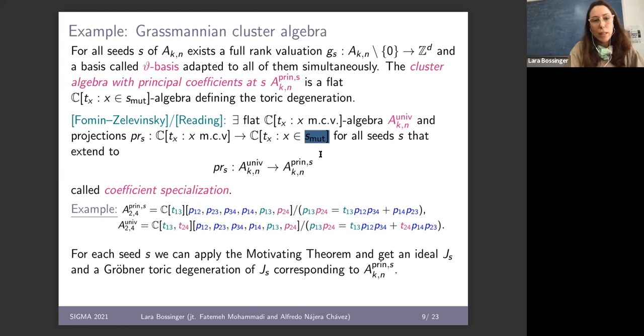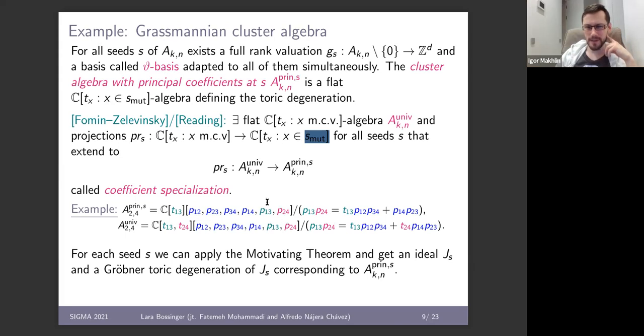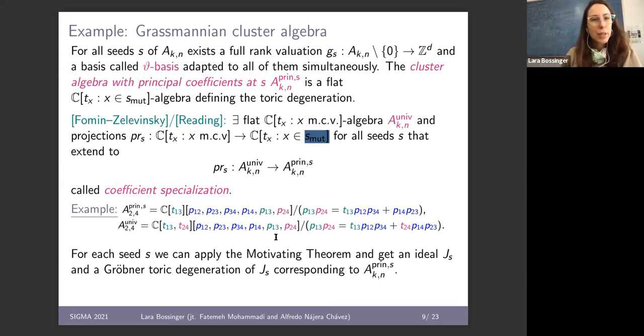So the number of cluster variables, running through all seeds and collecting all the cluster variables, that's capital N. And here, capital N and small n coincide. In the Grassmannian Gr(2,4), yes, exactly. Oh, is that a thing for Grassmannian Gr(2,n)? No, but for general Grassmannian Gr(2,n) already it will not coincide. One is the Catalan number and one is the number of diagonals. So one is n choose 2 minus n, and the other is the Catalan number.